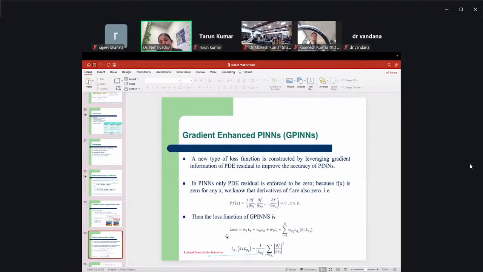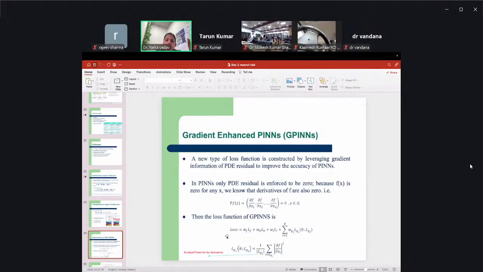One of the variants I try to bring over here, because I mentioned a few of the challenges. One is the residual base, which of course we can do with the RAR, and another I mentioned is improving the loss function. So how can we improve the loss function so that it has some weighted residuals corresponding to each factor, or something else. GPINN is one of that.